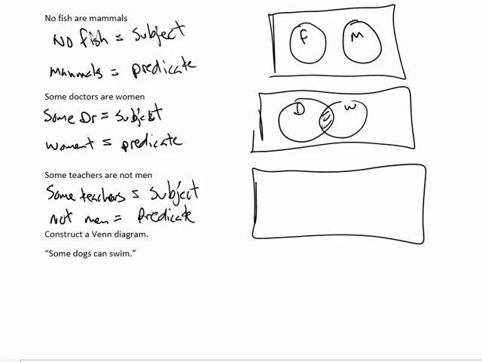Let's think about what that means. We have a set of teachers, and is it safe to say that there are some teachers that are men? So there's got to be an overlap between the two. So where would we find a person who's a teacher but not a man? That would be in this little category in our picture.